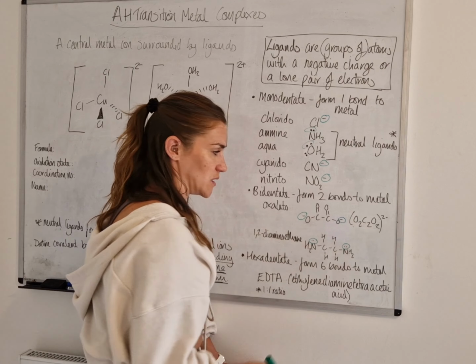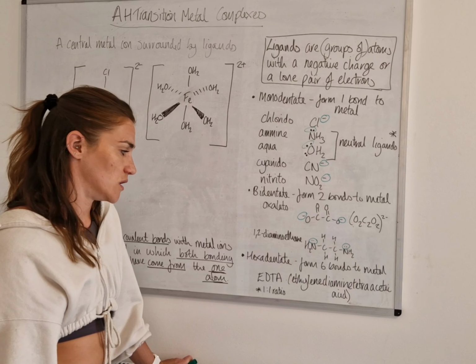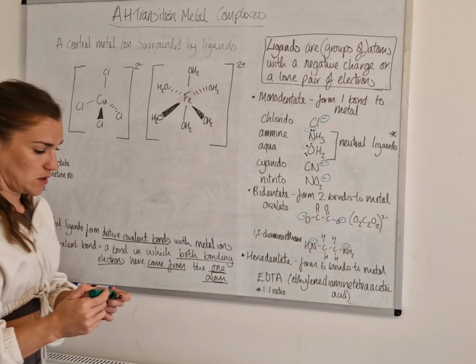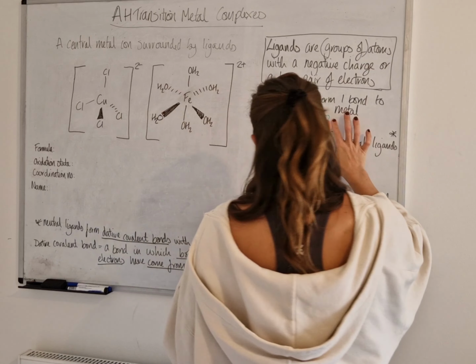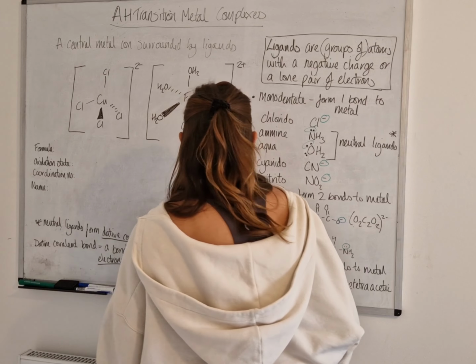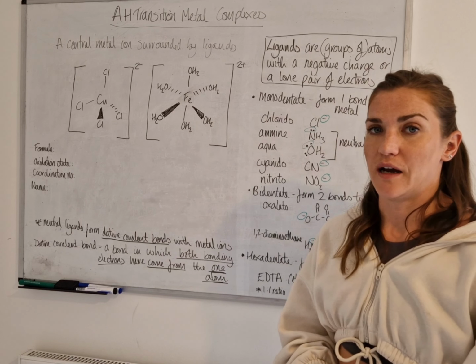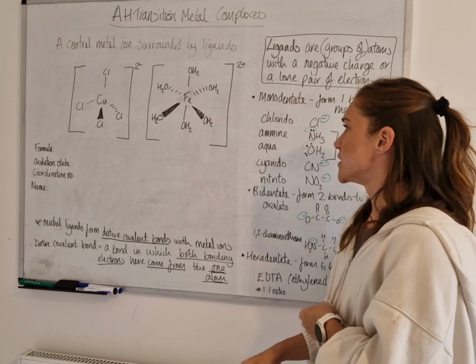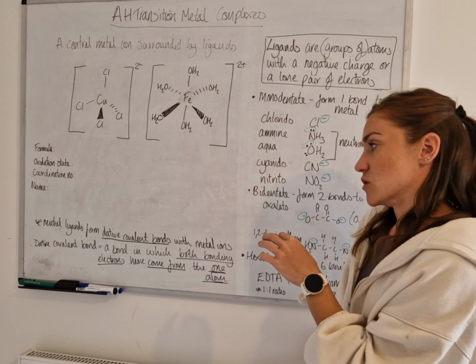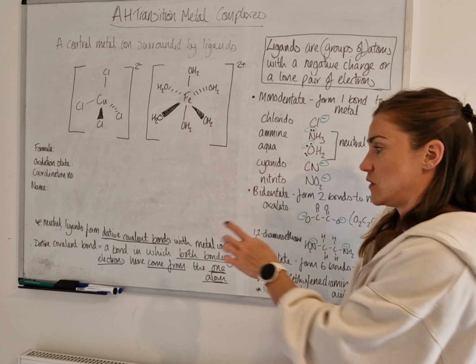So that's where the binding site would be in those instances. The neutral ligands bind to metals a bit differently to the ion ones. So the ion ligands with the negative charges will bond just by ionic bonding that you learned at National 5. But the neutral ligands form these special types of bonds that are called dative covalent bonds.